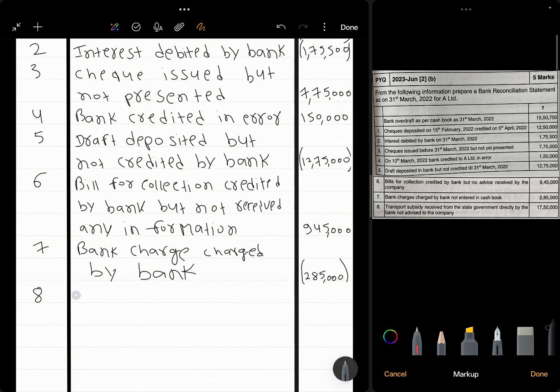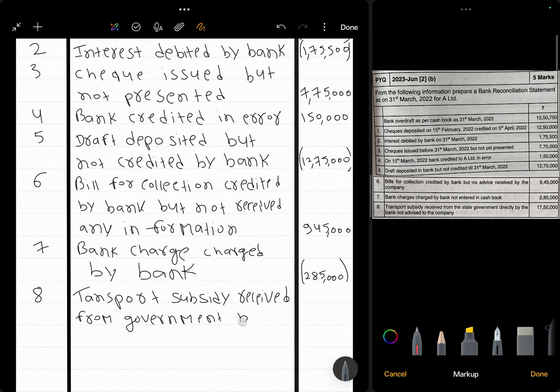8 number. Transport subsidy received from government but no advice received.